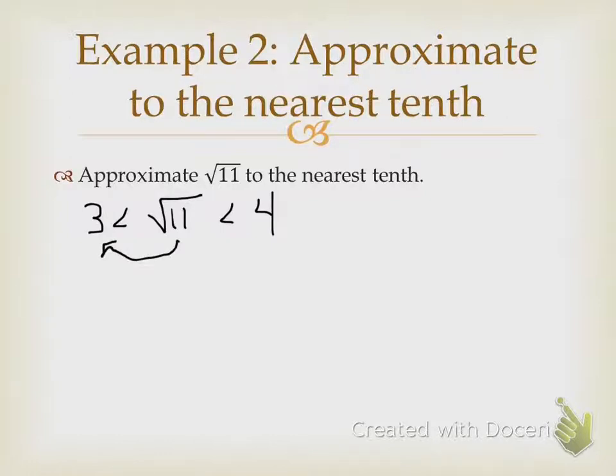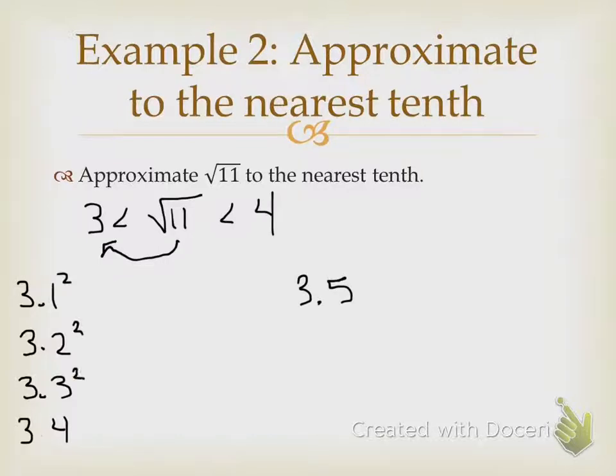So I'm going to go 3.1, 3.2, 3.3, 3.4, and 3.5. Sometimes I might need to go a little higher. I'm going to square each one of these and find which one is closest to 11. That will help me approximate the square root to the nearest 10th.